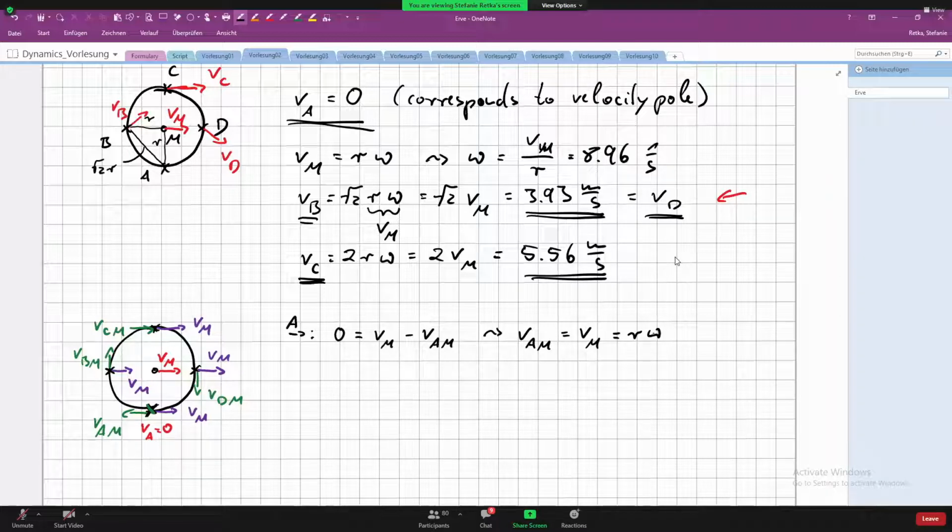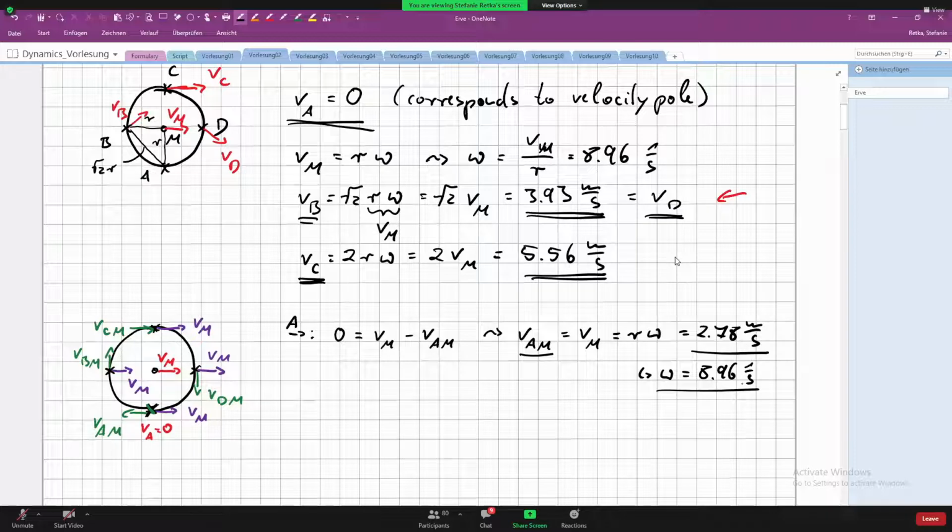Then if we know Vm, 2.78 meter per second, then we can obtain omega, of course, with the same value, 8.96 per second.